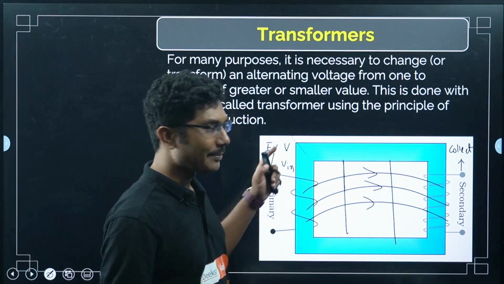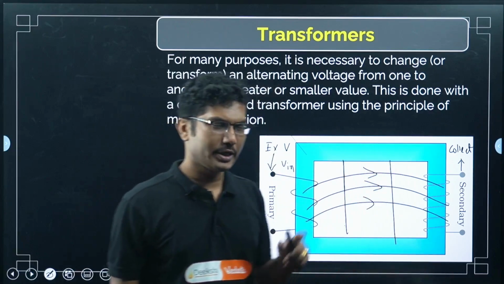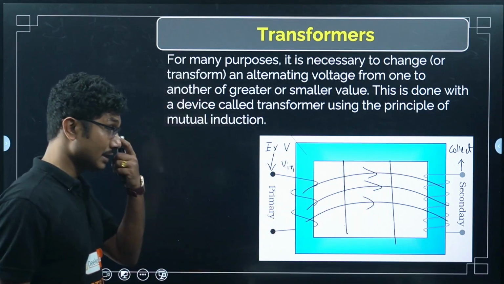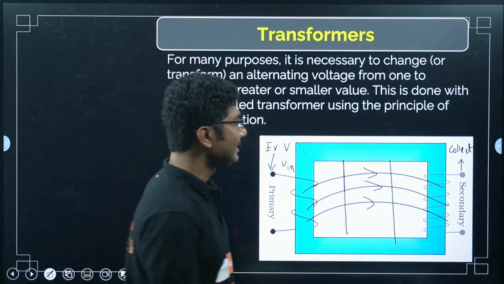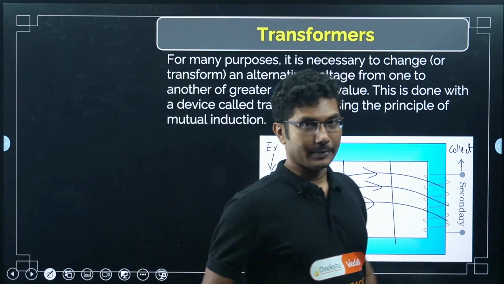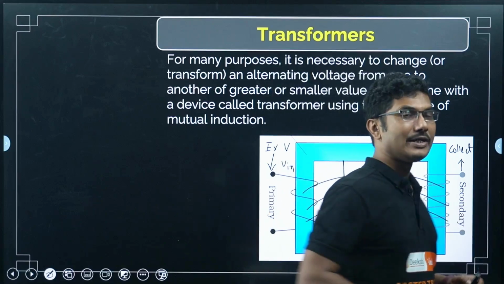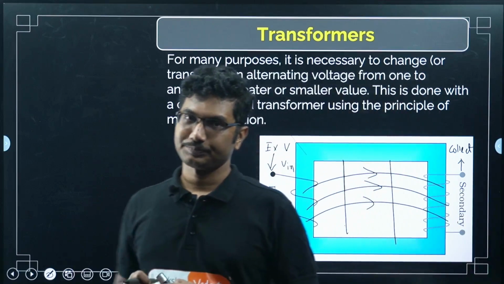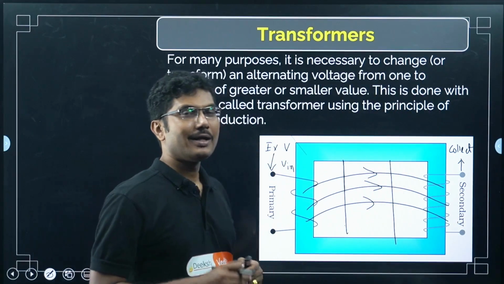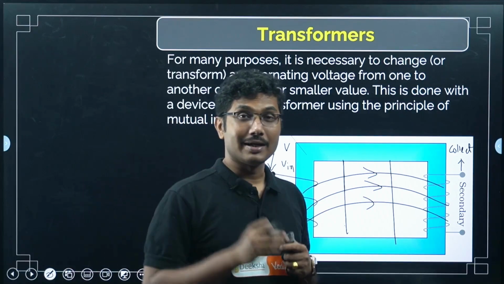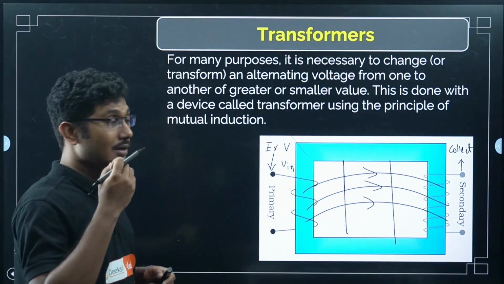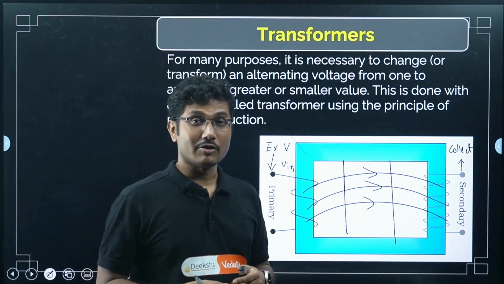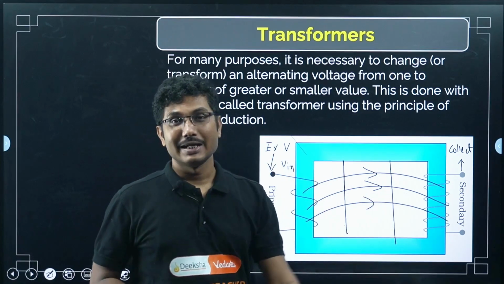This happens not in terms of current but in terms of voltage, but we will see the relationship between voltage, current, etc. So this induces a voltage in the secondary, and that induced voltage we collect. We know that if a coil is placed in a magnetic field, induction happens, and there is an induced voltage across that coil. That same thing is utilized here.